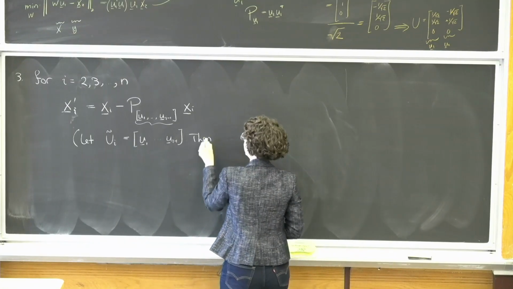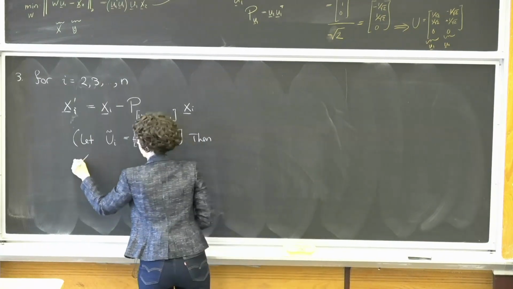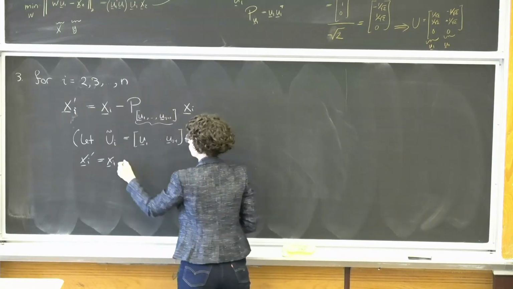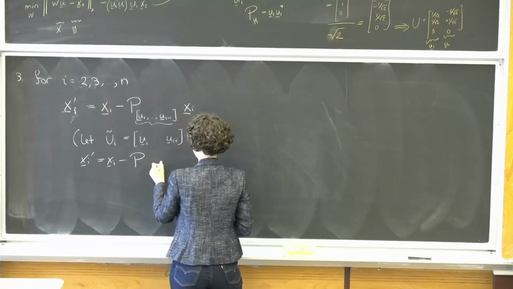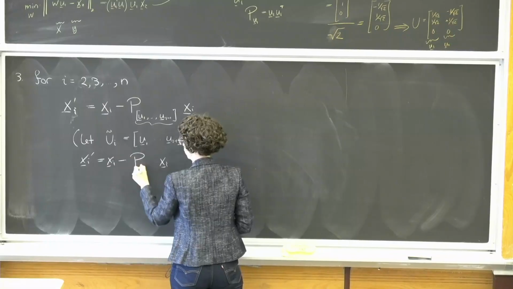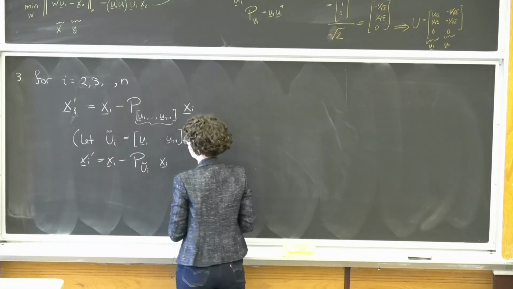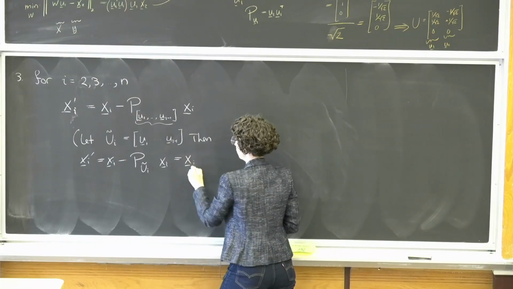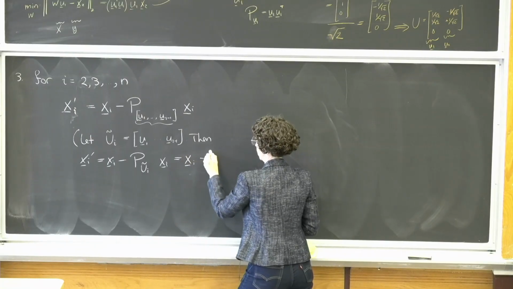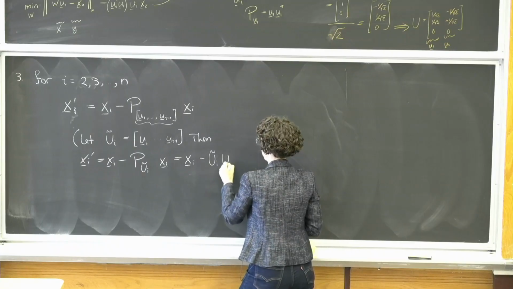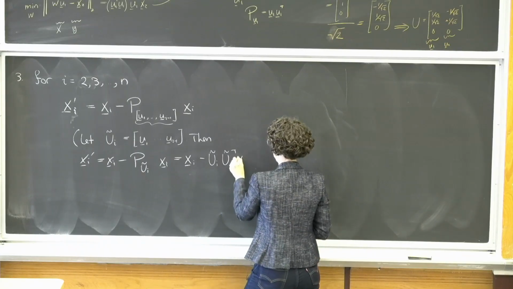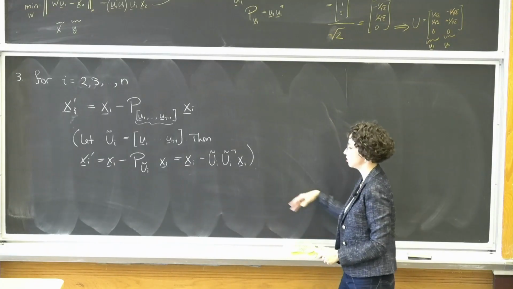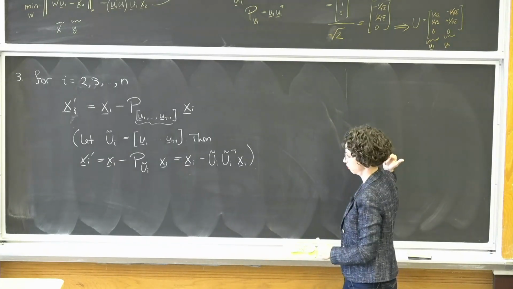Then I'm going to take xi and subtract off the projection of xi onto this U tilde i basis. We can now use our projection formula, which corresponds to taking U tilde i transpose times xi. We are using exactly the formula we derived over on the right.